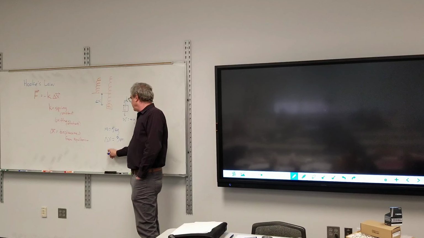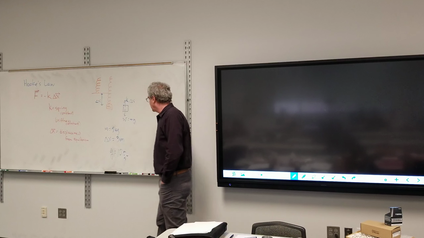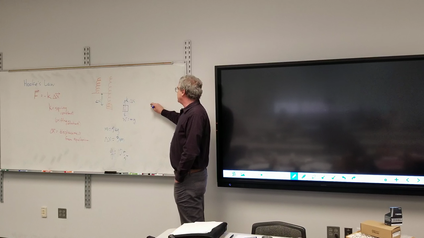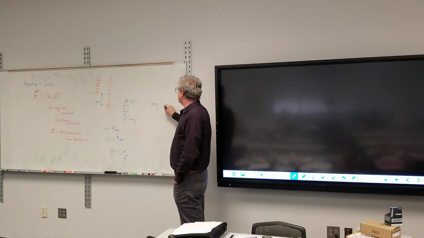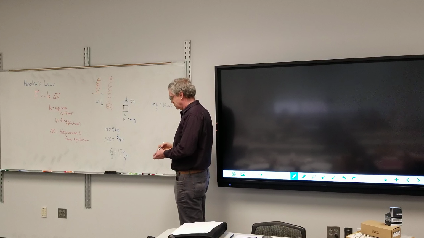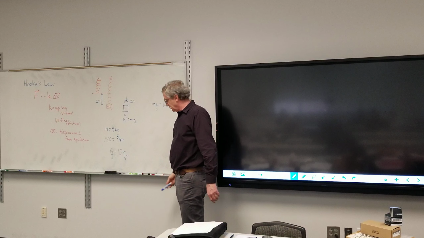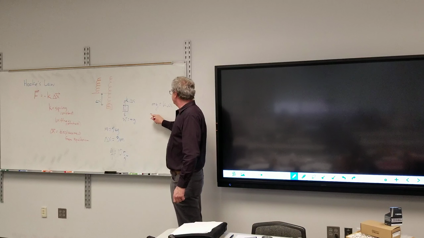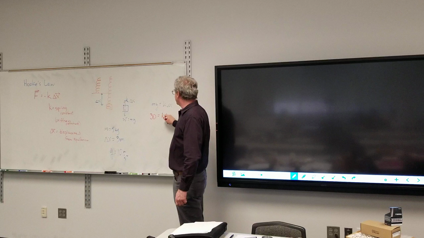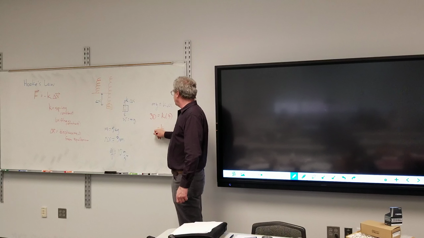Let's put this on Earth, g is 10 meters per second squared. And so I have mg is equal to k delta x. 30 is equal to k times 3. k is 10.